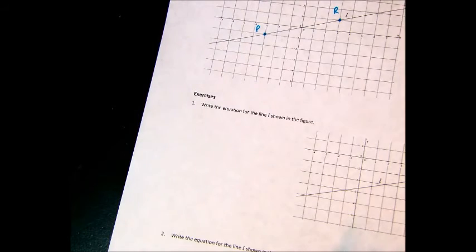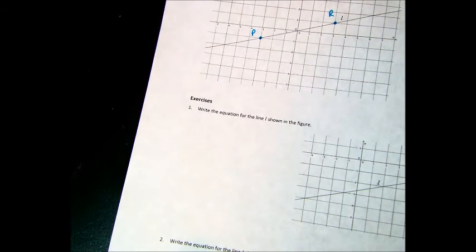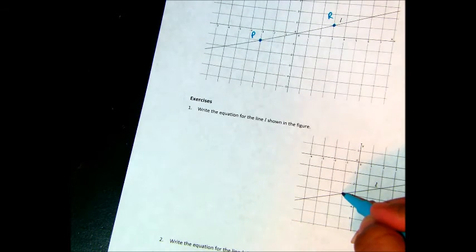Write the equation for the line shown in the figure. What's the first thing I need to do to begin to write the equation of this line? I want to calculate my slope. I do that by identifying 2 points.